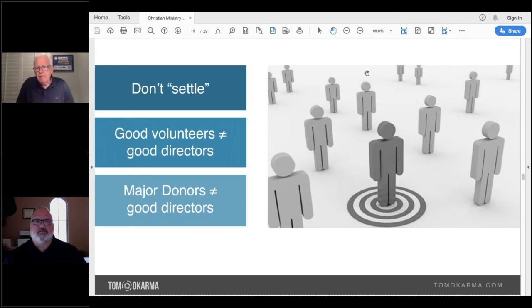It only marginally fit where that ministry was headed. It definitely would have been a bit of mission creep and would have taken the agency's eyes off the ball. They turned it down because they saw that it was going to be more of a distraction than a help. Yeah. So major donors, you just got to be careful. Some are great team players. Some feel like they've got 2 votes to every other director's 1 vote. Just need to be careful.